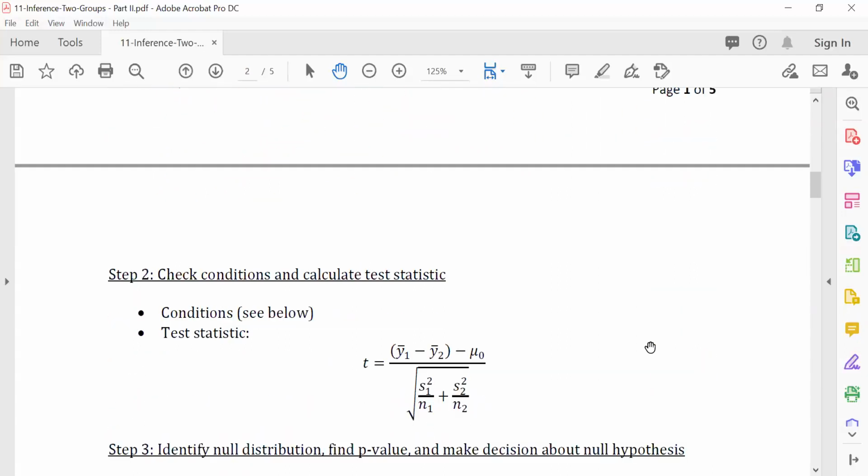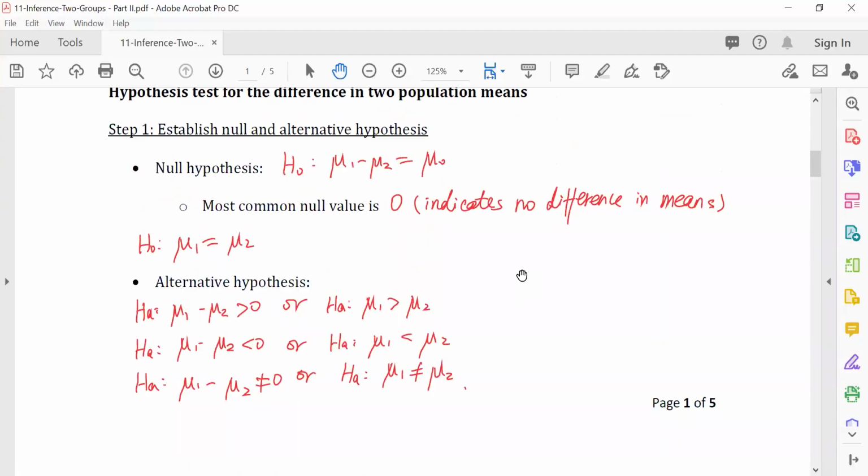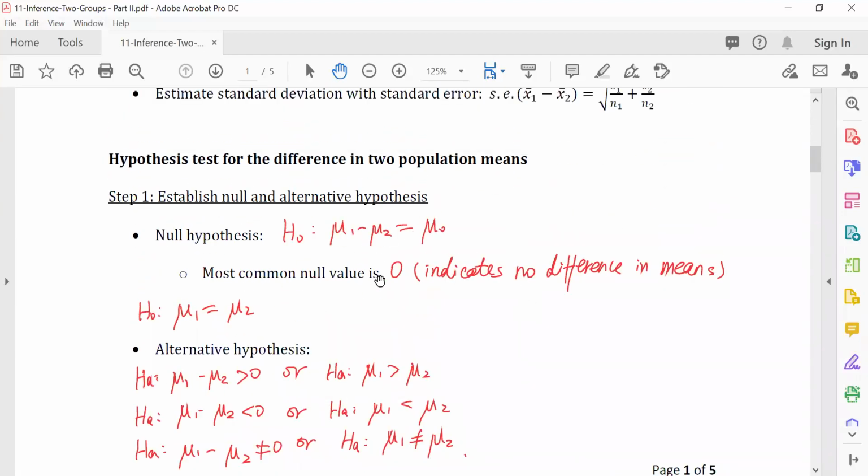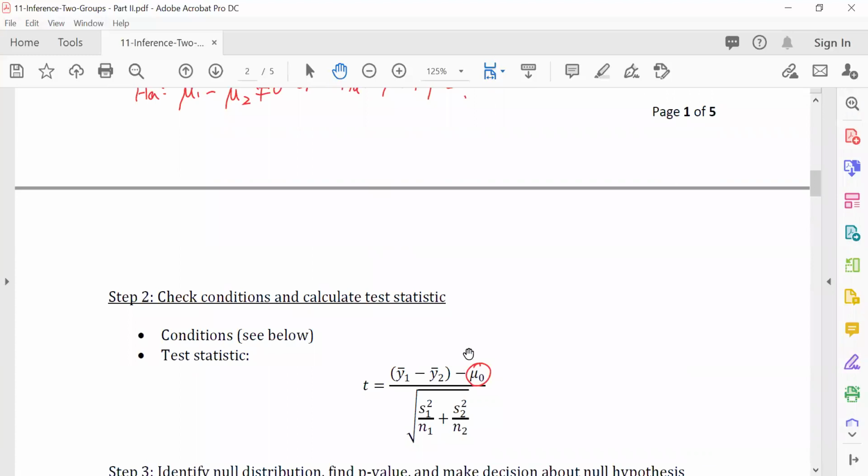Second step, check conditions and calculate the test statistic. We will talk about the conditions later on. The test statistic will follow a t-distribution, and it's calculated like this. This is the null value we have seen here, and most of the time this will be 0.